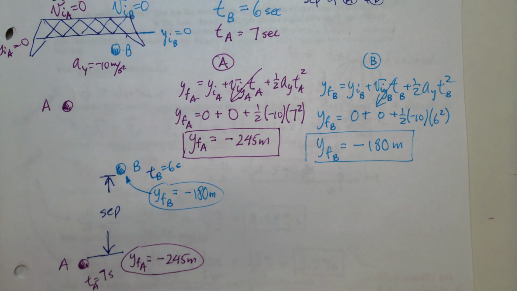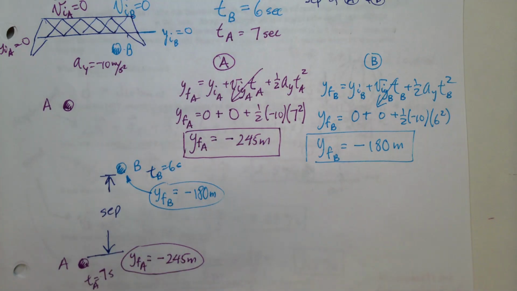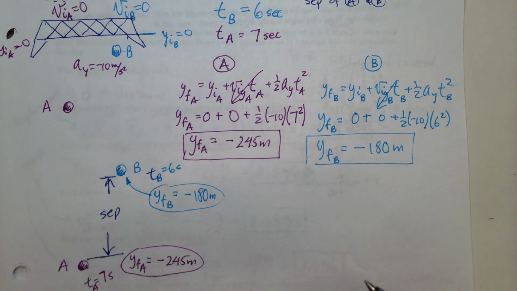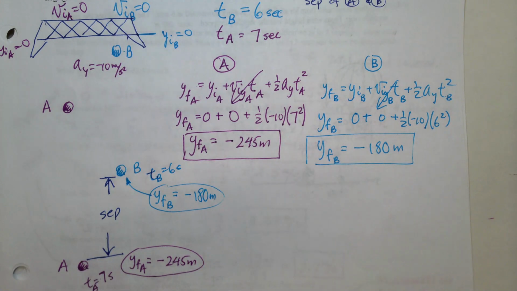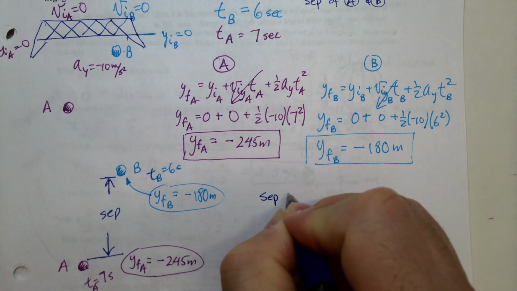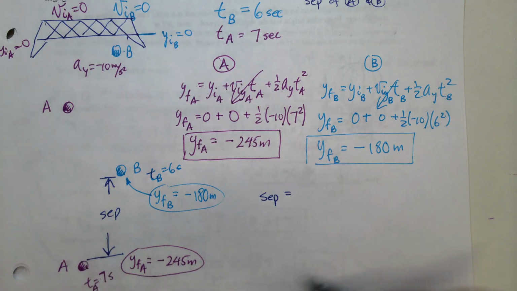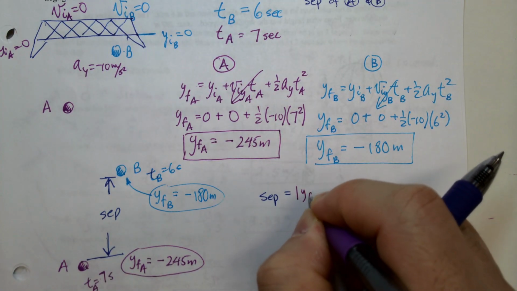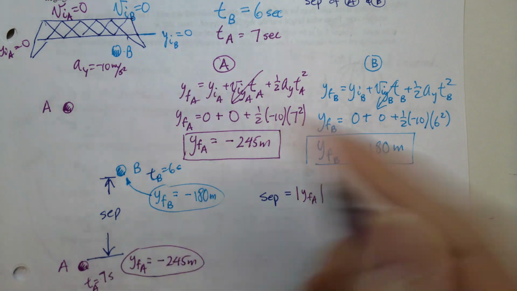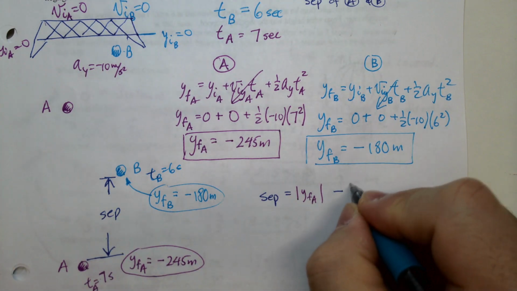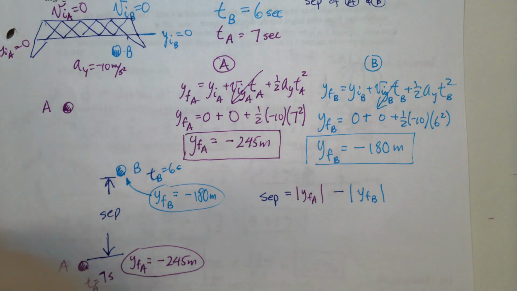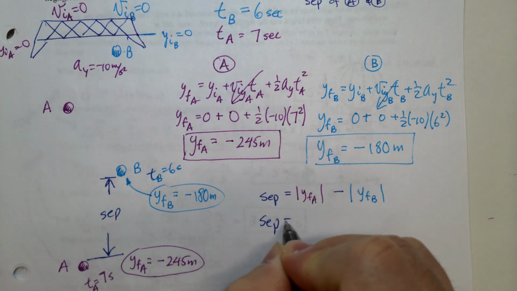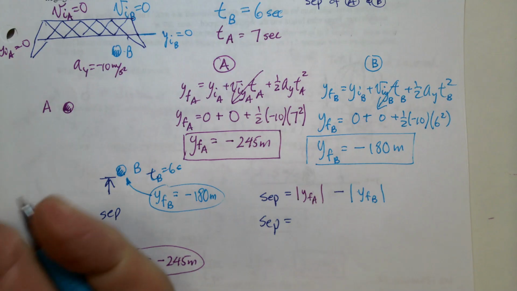Since we want to find out the separation between the two, all we have to do is subtract the two, right? So we can say the separation is equal to simply the absolute value of y final A minus the absolute value of y final B. Separation really cannot be negative.